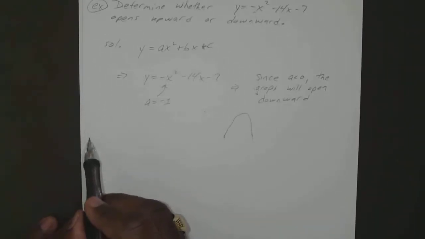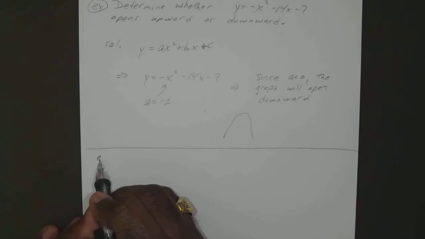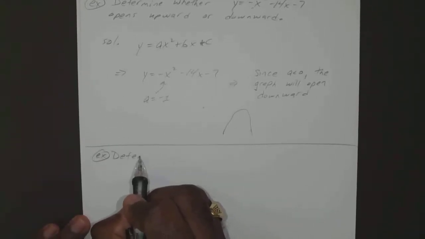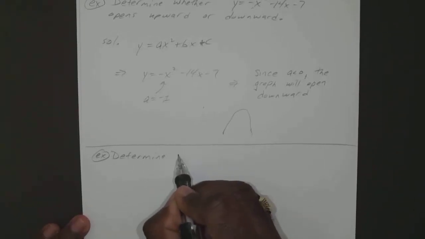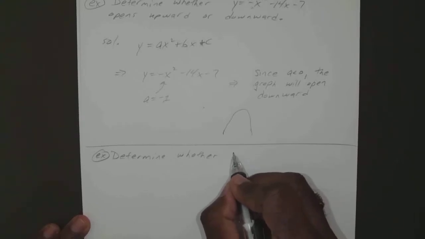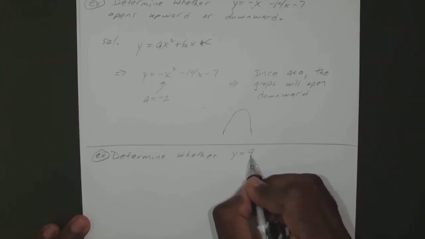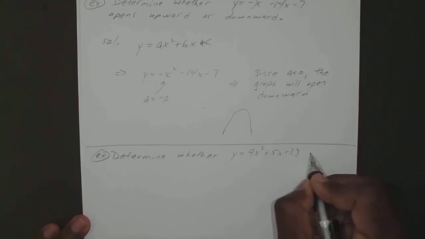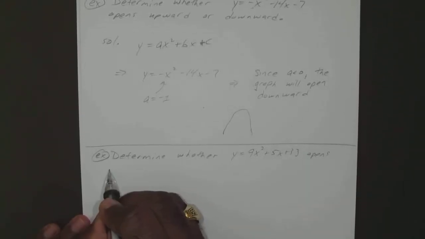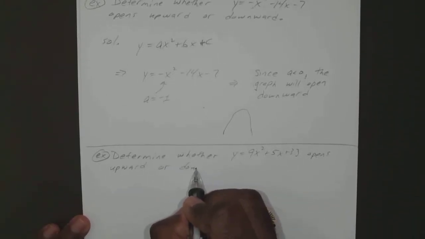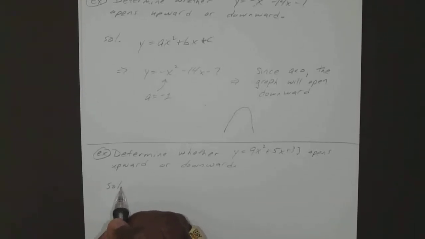All right, so let's say, if we wanted to determine whether y equals 9x squared plus 5x plus 33 opens upward or downward. Same thing.